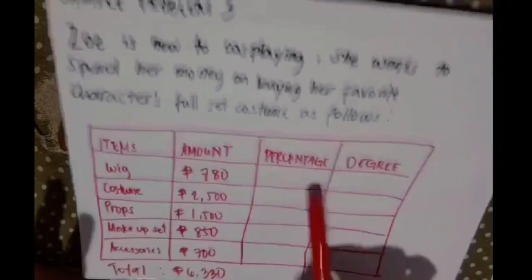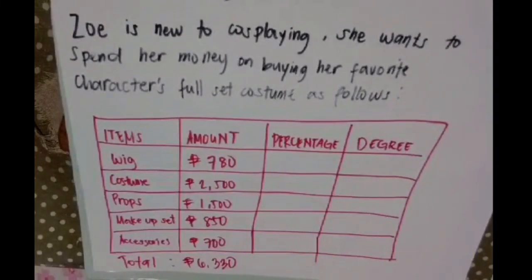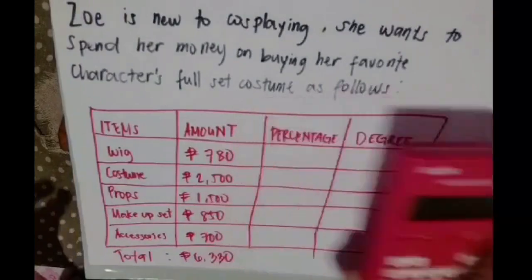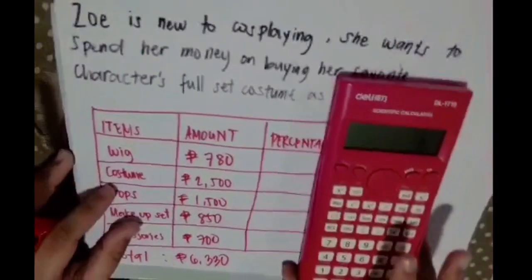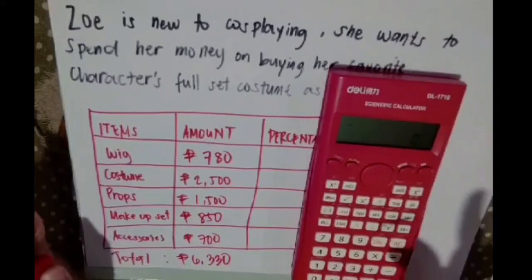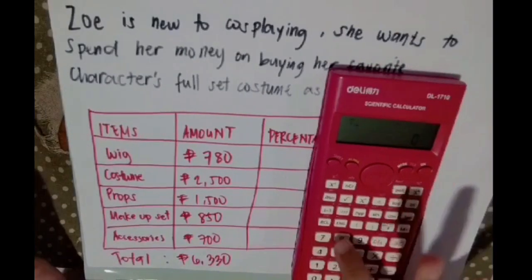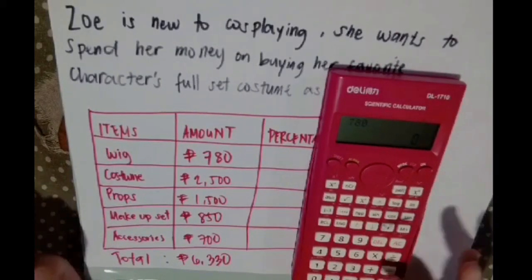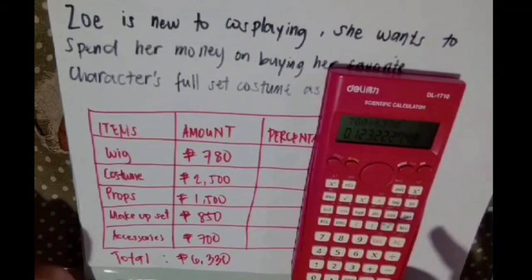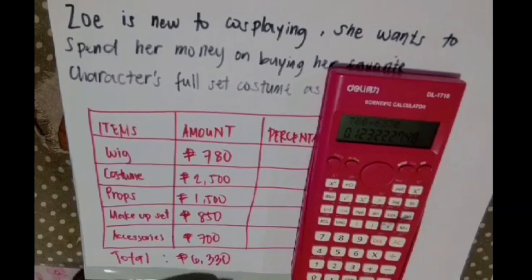Now, how do we get the percentage? When we get the percentage, we have to divide each amount by the total. So we will get our calculator. I don't know if you can see it properly, but okay, so now we're going to do it like this. 780 divided by 6,330, and that will be 0.12.